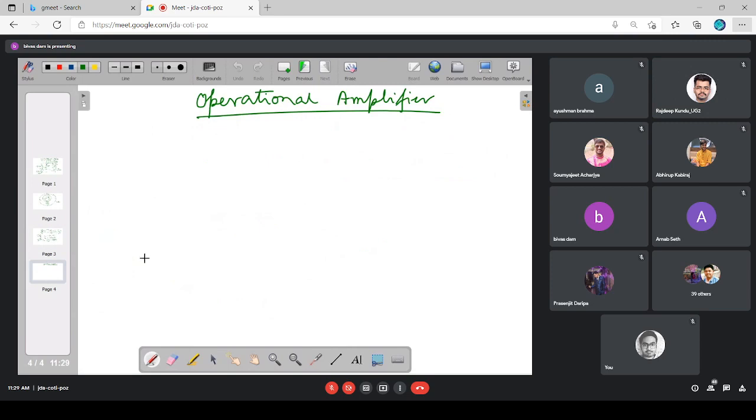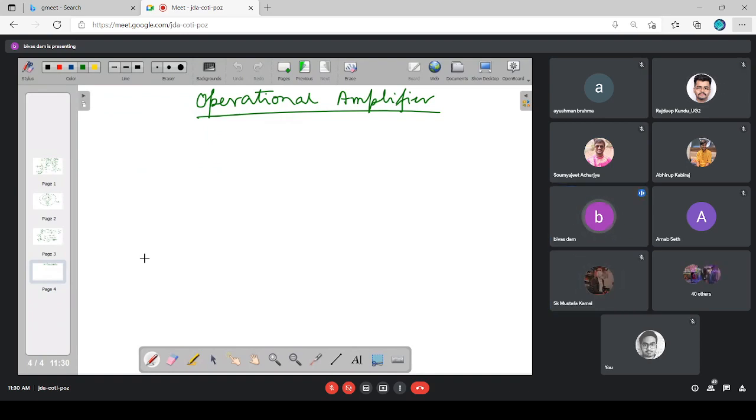Now operational amplifier. An operational amplifier is nothing but one special type of difference amplifier. So this is basically one difference amplifier with certain special characteristics. What those special characteristics are, we will come to that later. But as it is one difference amplifier, how many primary inputs should be there? 2.